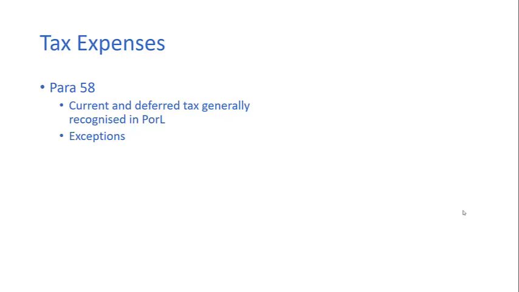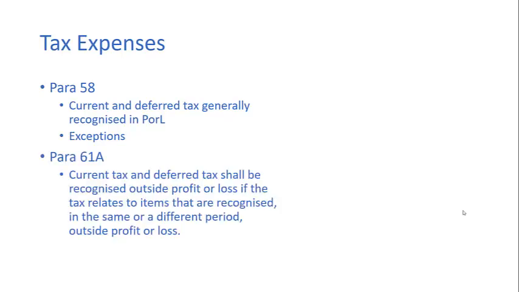So you have a matching up of the accounting transaction and the tax consequences of the transaction. You can see that quite clearly set out initially in paragraph 58, where it generally goes through the profit or loss, and in paragraph 61A, where if it goes through somewhere else, it gets matched up there.